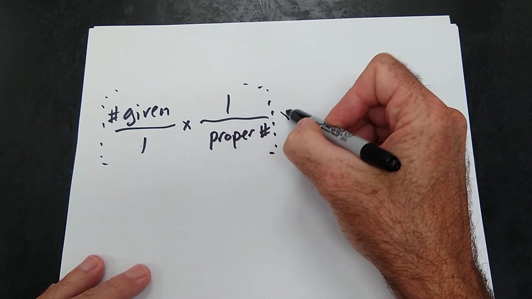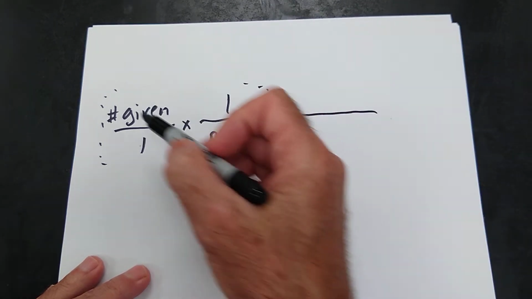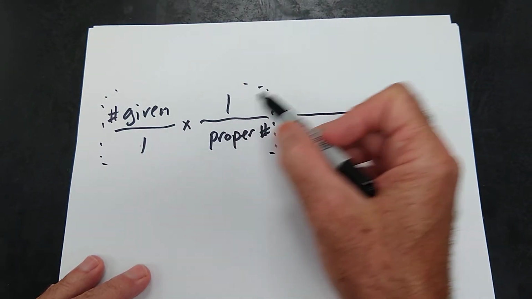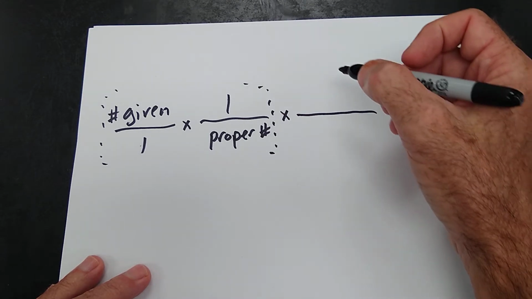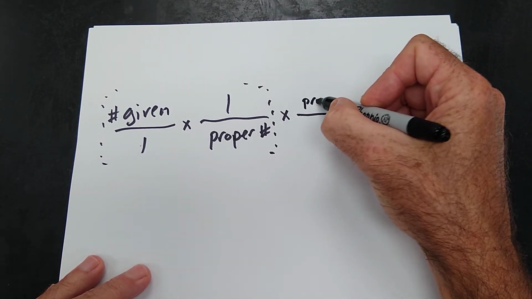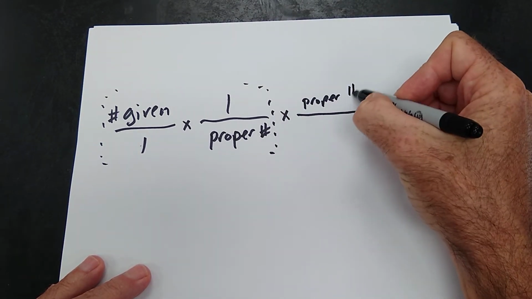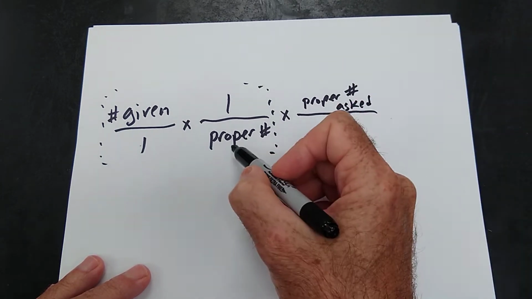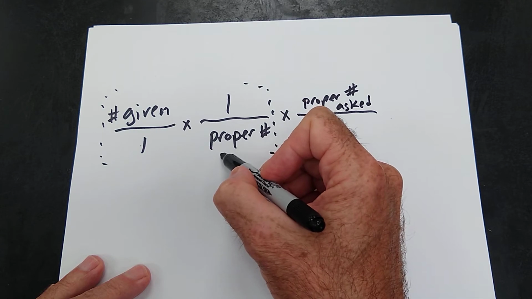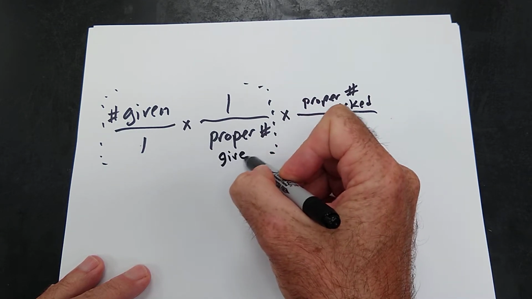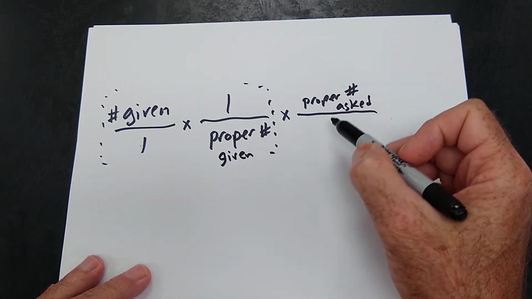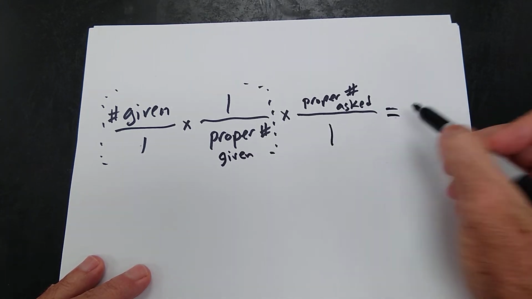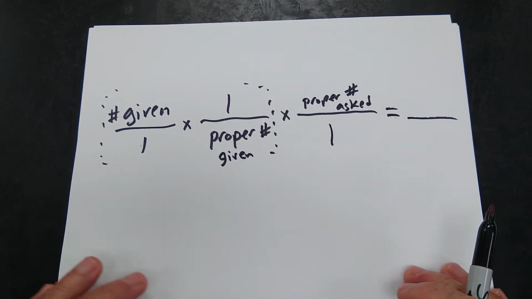But today we're going to keep going, and we're going to go from, say, grams to moles all the way to molecules. So times the proper number that you're asked for. This is the proper number that's like the number you're given, and then this is the proper number for the units you're asked for. Now, if that seems confusing, don't worry about it.